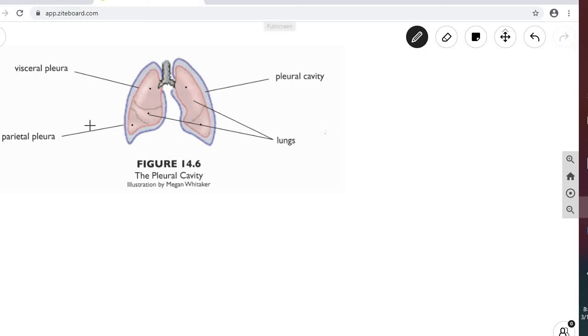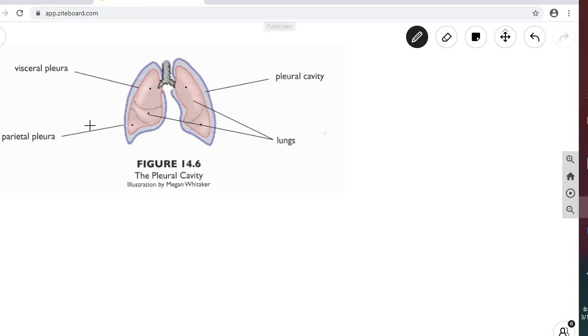But then I want to point out that there are 2 membranes that are associated with the lungs. One of those membranes is called the visceral pleura.